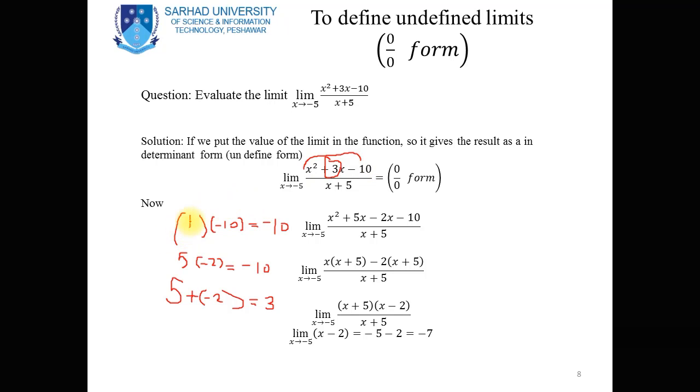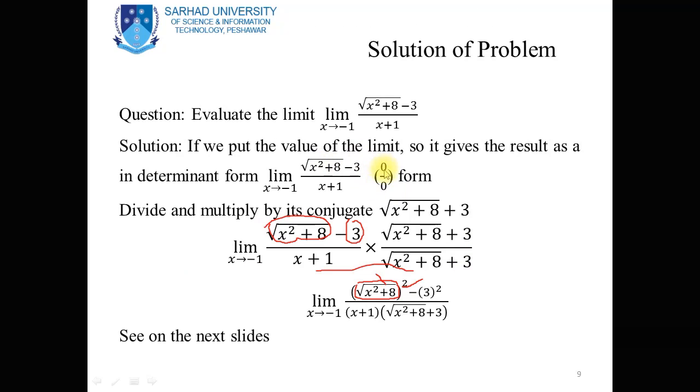Like you see in this problem, 1 multiplied by minus 10 is equal to minus 10. Now choose two numbers under the conditions that by multiplying the two numbers we obtain this result, and by adding the two numbers we obtain this result. So dear student, this is the process for the factorization by sum and product, and sometimes we define the 0 by 0 form by taking the conjugate.